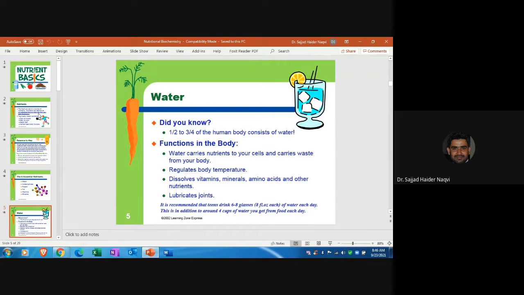Now there is a long list of the functions which are associated directly or indirectly with water. For example, some of them are here. Water carries nutrients to your cells and carries waste from your body. So water is a major transporter in your body.